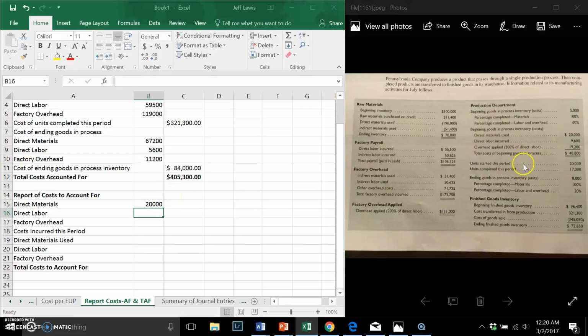Then direct labor, 9,600. Also factory overhead, which is 19,200. And so your costs incurred this period is just the sum of those.